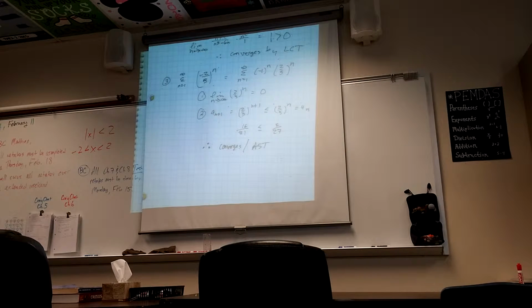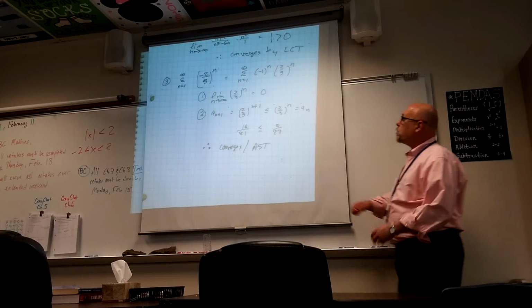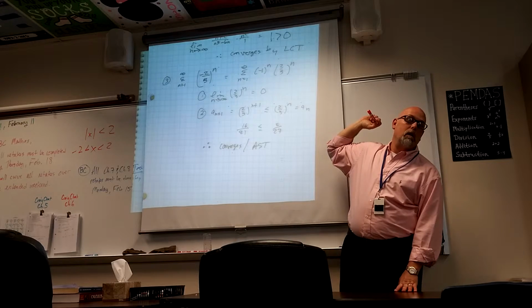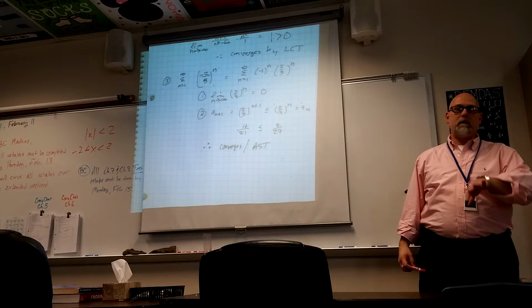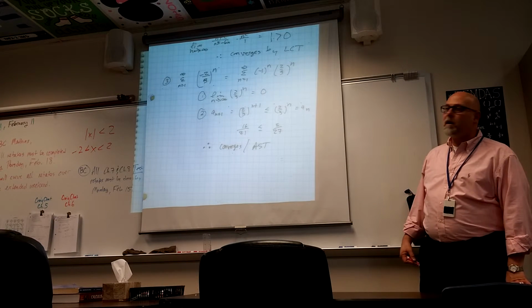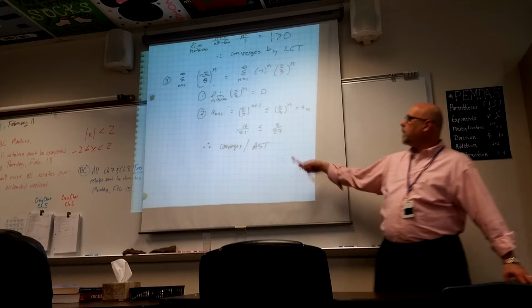That would probably be this one, because I think we'd have to see a number of examples to see if this holds true, but I'm pretty sure that if the AST fails, it's more likely going to fail here. Now, it's possible that it fails here, and we need to try some other test. Remember, we still don't have the ratio and root tests yet. But, generally speaking, I think an alternating series test is going to fail here.